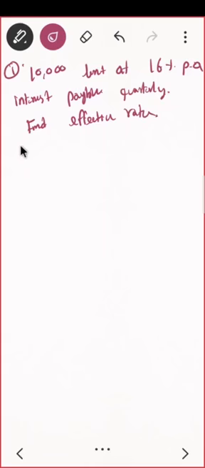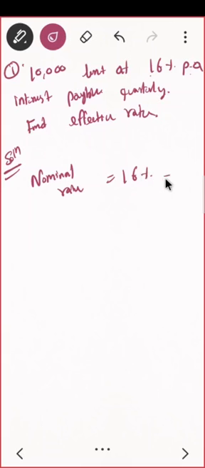So what is the nominal rate they have given? 16% per annum. So nominal rate is given. Rate that is 16%, that is given by R. So that we have. And what is effective rate? RE formula.